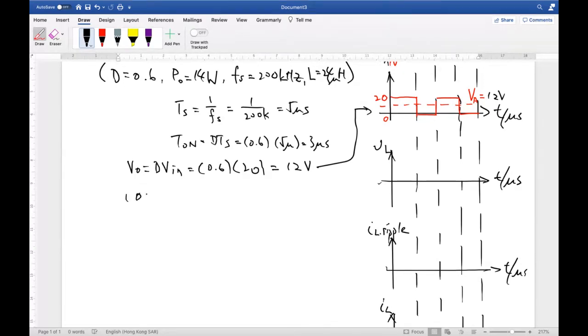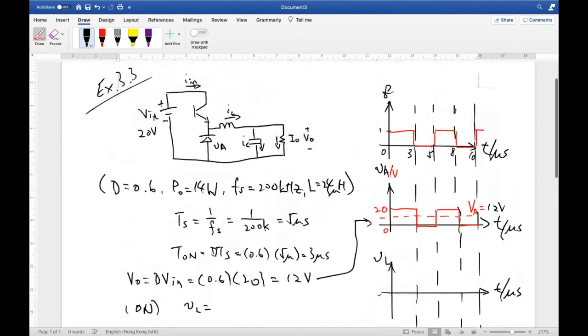During the on state, VL is equal to what? According to KVL, we have 3 sources here, and the voltage polarities of the inductor and the load are the same.